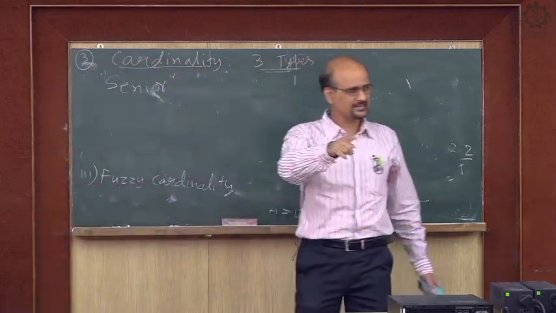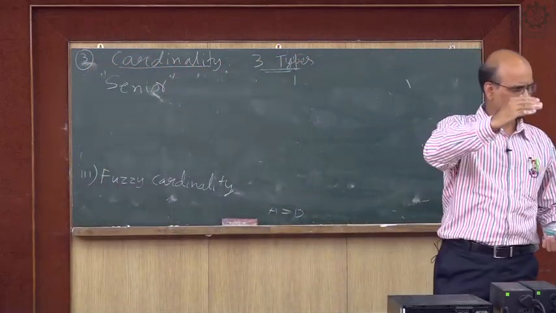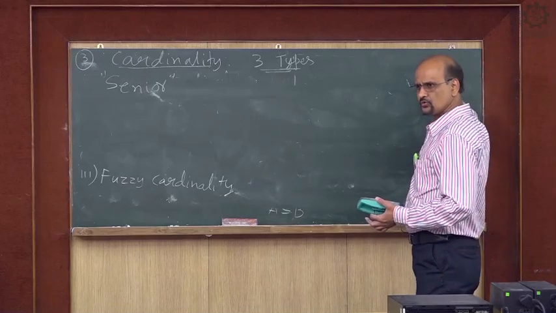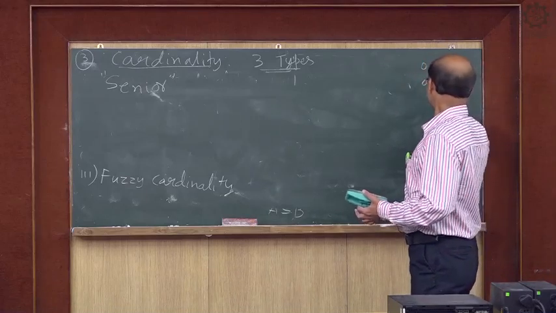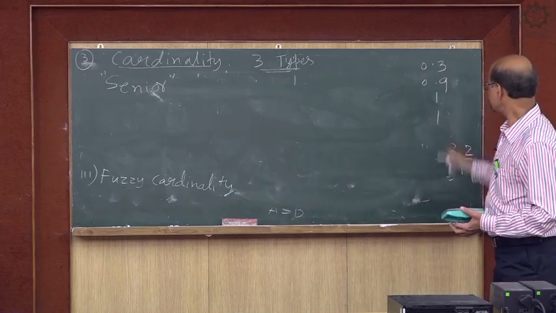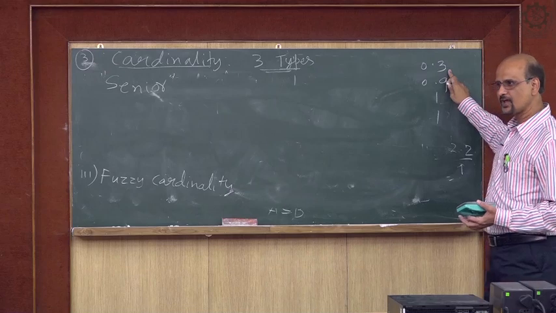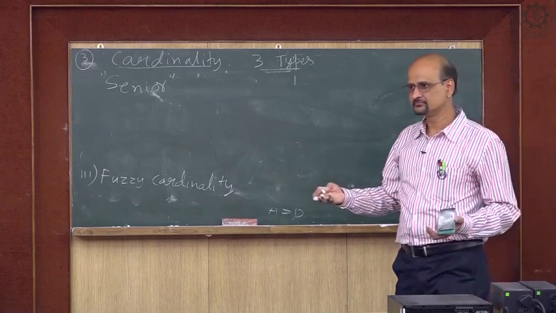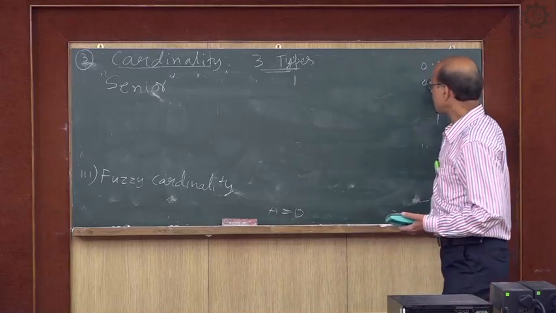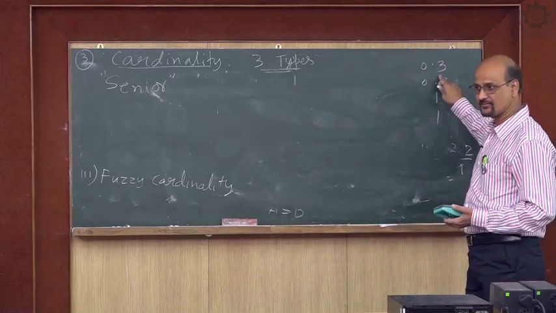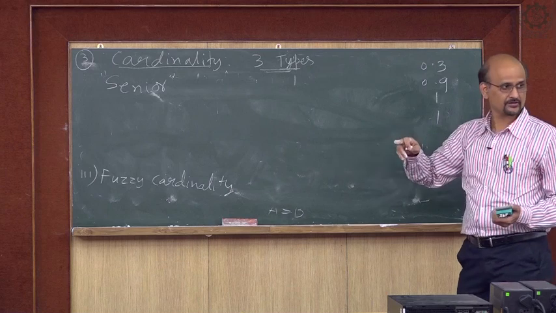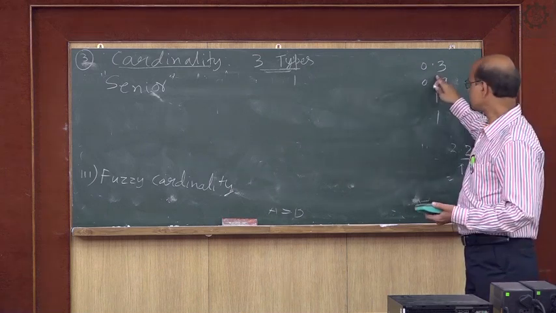So, if you go to the senior, there are different alpha values, you are having what, tell me again, 0.2, 0.3, 0.9, 1, 1. So, if I take this, so for 0.3 now you know also alpha cut I have already defined. So, if I want to find senior at 0.3 alpha cut, so you are having crisp set, if you remember, senior at 0.3.